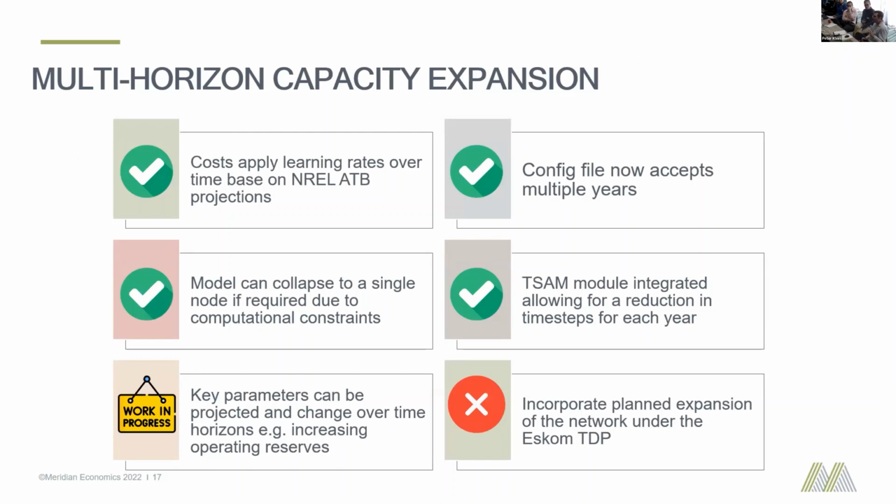So in terms of our overall goal of getting the multi-horizon working, in terms of functionality that we've modified, all technology costs now can have learning curves moving forward. So instead of just a single Excel file with cost for a single year, you can supply multiple years of cost data, or you can keep the cost constant. Our config file allows for multiple years.